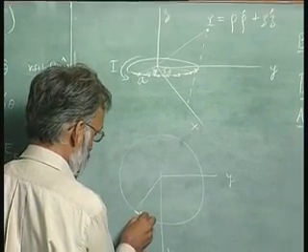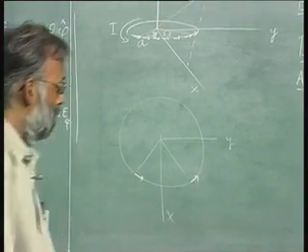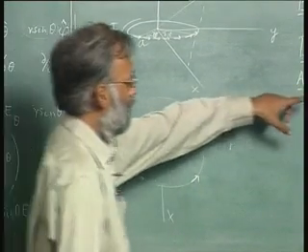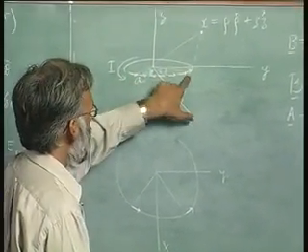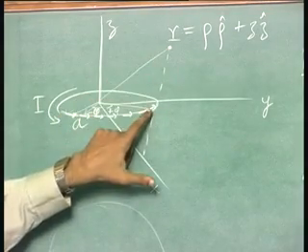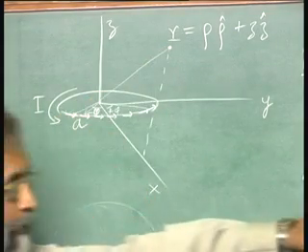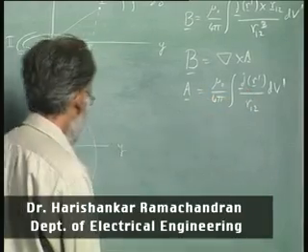I have a current flowing this way and a current flowing this way. Both of them are the same distance from the observer, because they are symmetrically placed. So, the distance from this element to R is the same as this element to R. So, it is the same r12, but the j points in different directions.